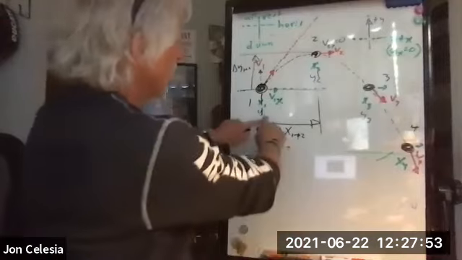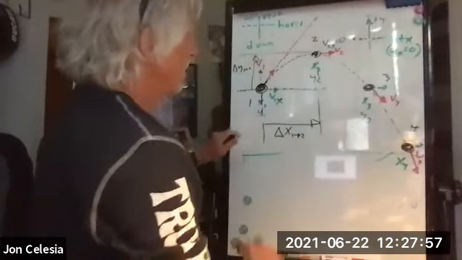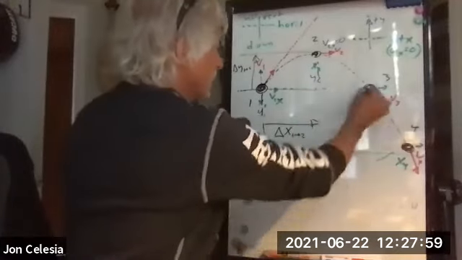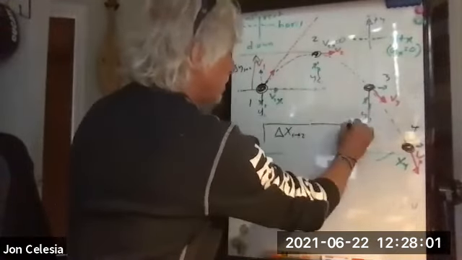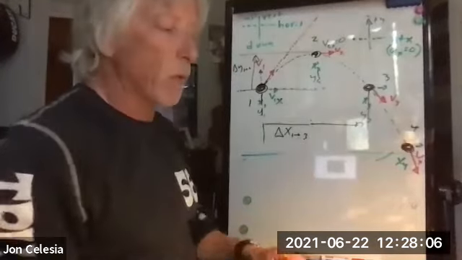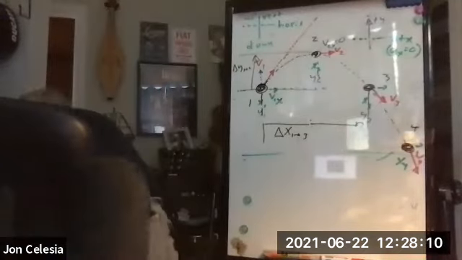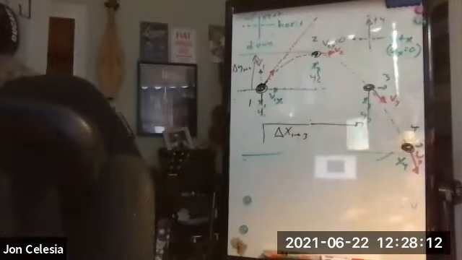Now I can also go 1 to 3. So delta x 1 to 3 would be here. What is delta y from 1 to 3? Out you go, Luigi.